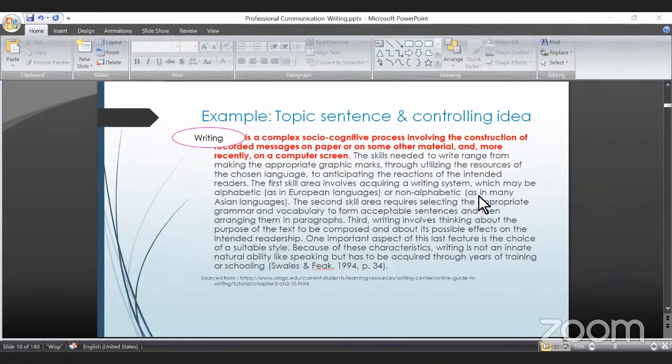Here it is written that non-alphabetic, as in many Asian languages. What does non-alphabetic mean? Non-alphabetic means there are languages which don't have letters, right? They represent using pictures, like Chinese and Japanese.